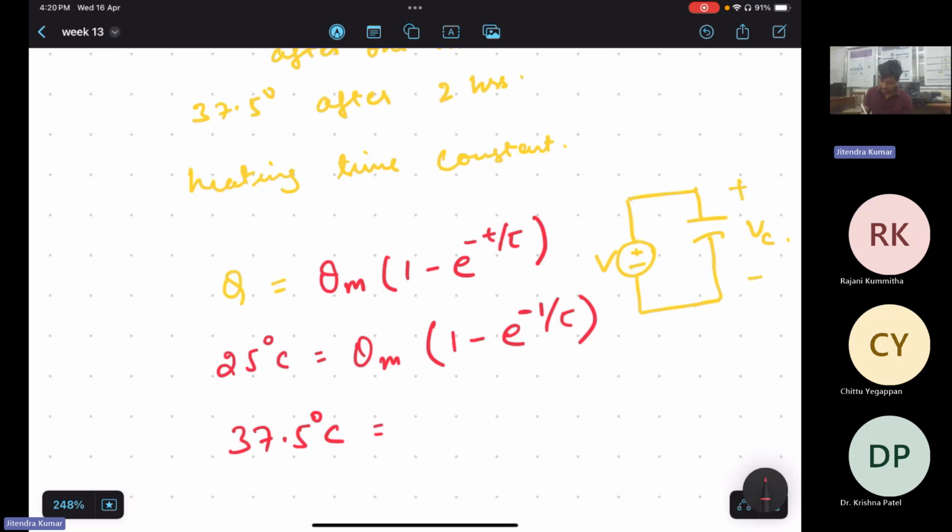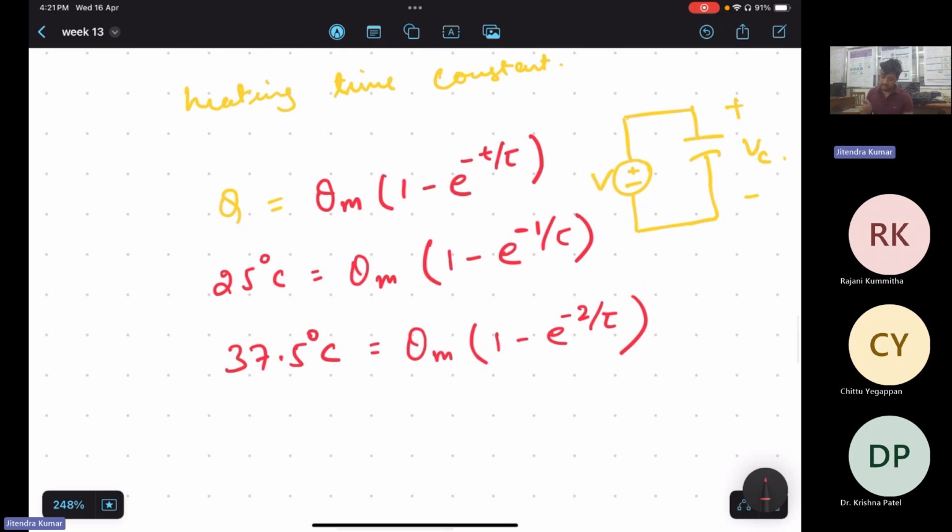Now again, theta maximum will be the same because that is the steady state temperature. When we do thermal analysis, we also know some steady state temperature. So this is theta maximum times 1 minus e raised to power minus 2 by tau. This is equation 1 and this is equation 2. Can we divide equation 1 by equation 2? We will have only one unknown, and that will be the time constant.